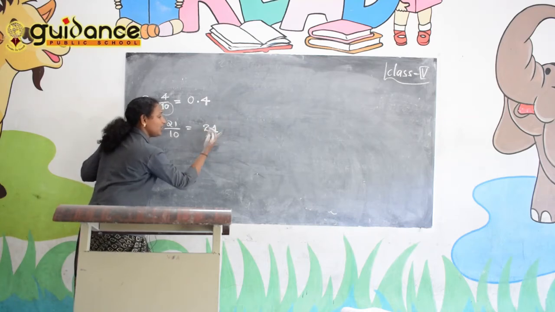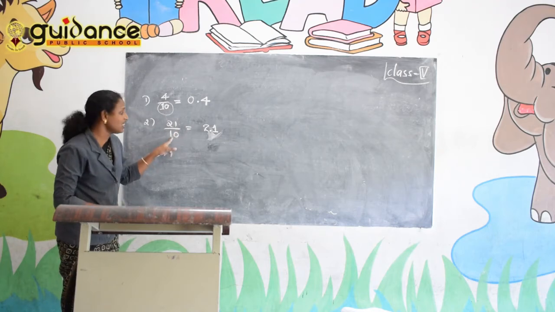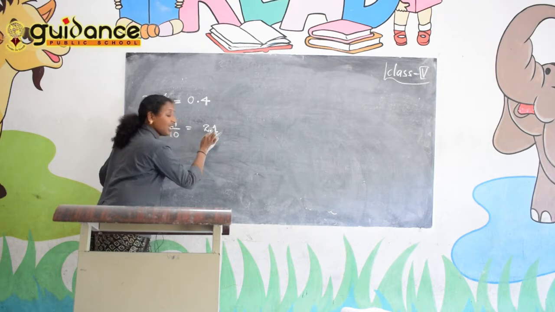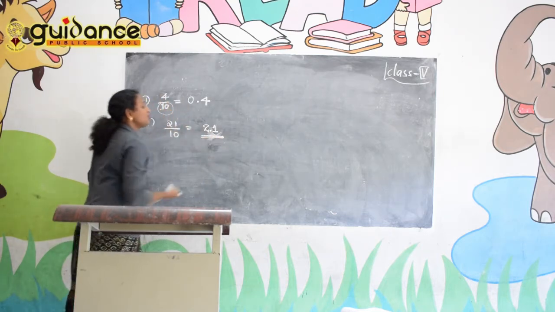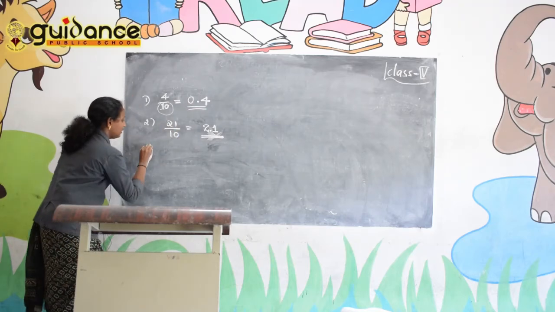That depends upon the number of zeros of the denominator. The denominator has only one zero. We come here, then we put the decimal point. That means the answer is 2.1. Are all of you clear? Then next.